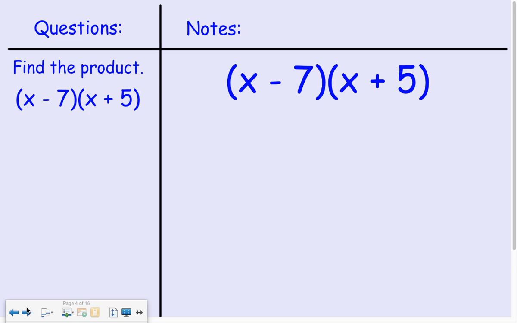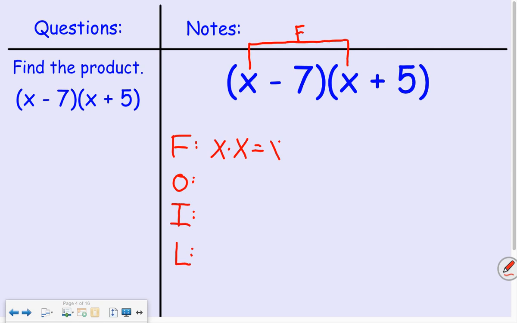Example 3, x minus 7 times x plus 5. So my first are x times x, which is x squared. Outer is x times 5, which is 5x. I always put the coefficient in front of the variable.